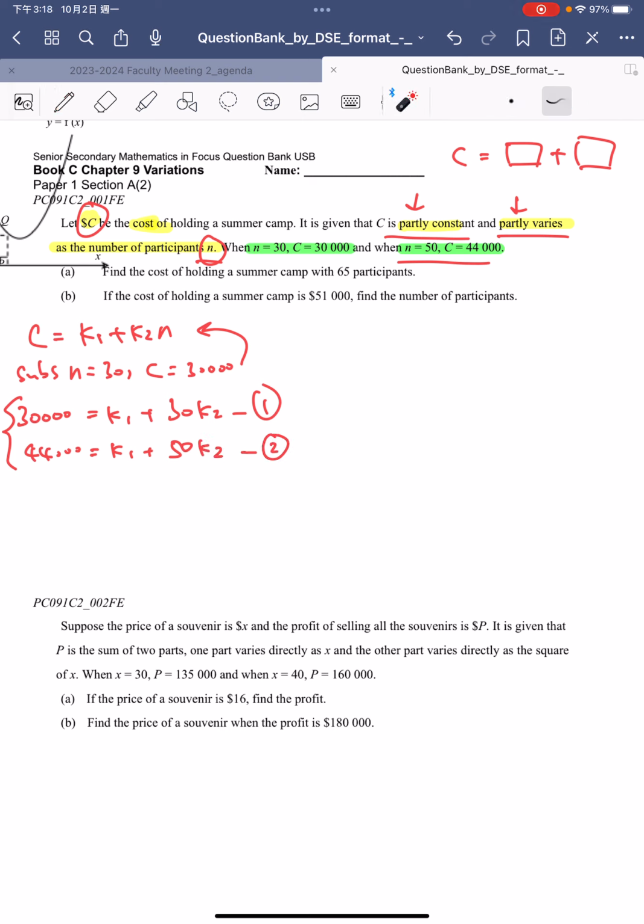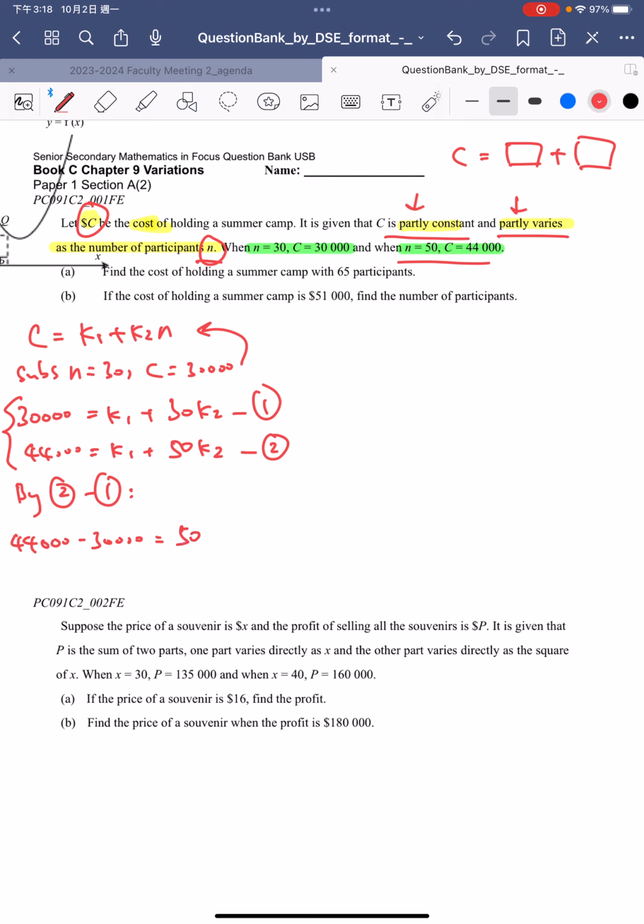So then this is a simultaneous equation in two unknowns, so we can use the method of elimination to eliminate this K1 by directly subtracting these two equations. So by the second equation minus the first equation, on the left hand side we got 44,000 minus 30,000, which is equal to K1 minus K1 gives you 0, and in this part we have 50K2 minus 30K2.